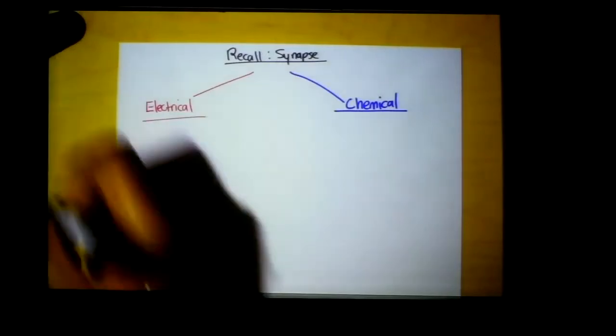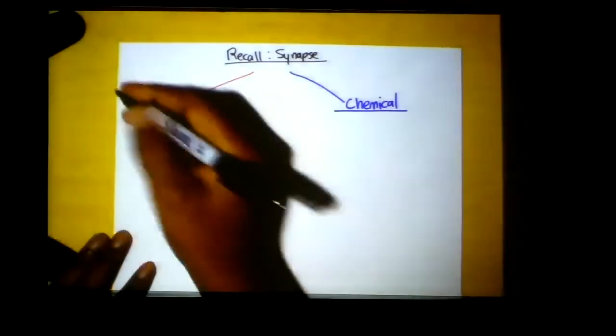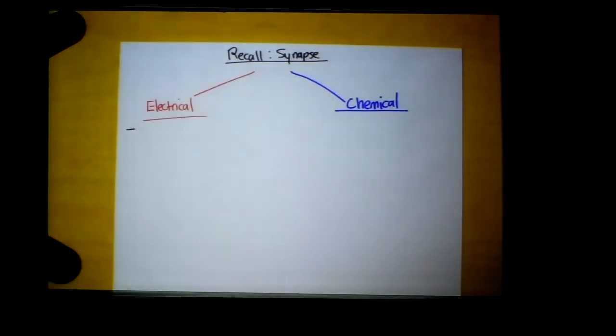And we said some basic properties or descriptions of electrical synapses, right? We said they weren't that important, but we did distinguish them in some properties. Does anyone remember what those were? What's something that sets an electrical impulse apart from a chemical one?